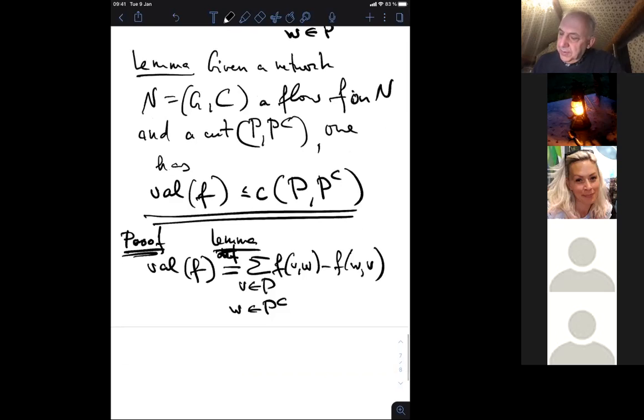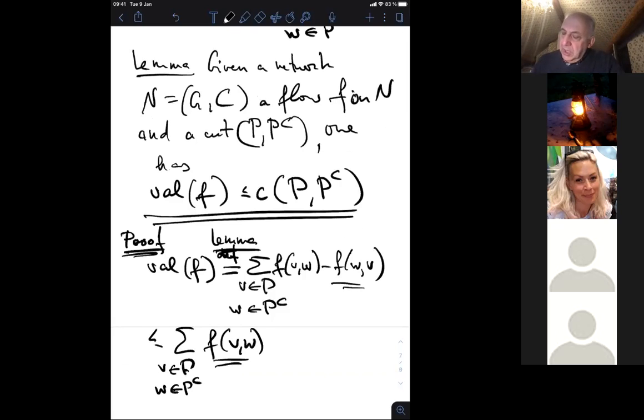Obviously, this is a negative contribution, so we can estimate from above by just throwing it away. If we just count what flows from P to P complement, this would be at least as much.